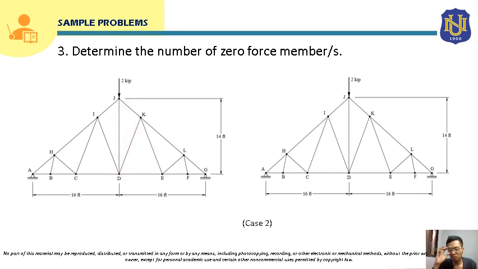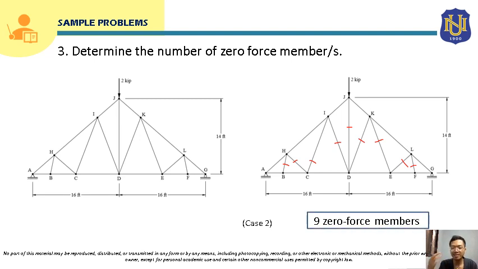So if we count those zero force members, those are already the zero force members for this truss. So this is 1, 2, 3, 4, 5, 6, 7, 8, 9 zero force members. So for all these joints, we applied case 2. So we determined here by inspection that there are 9 zero force members in this truss.